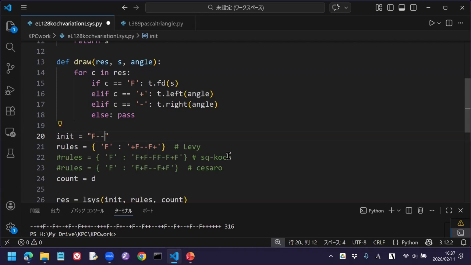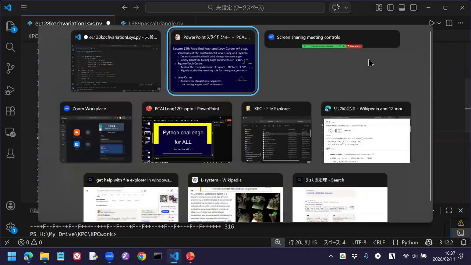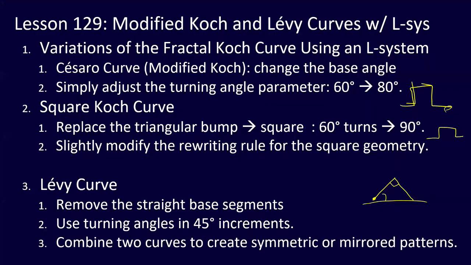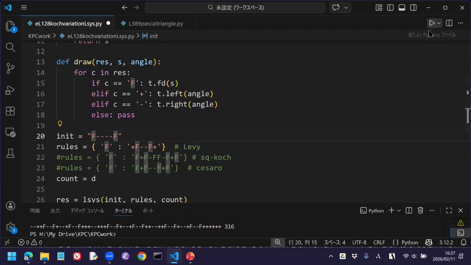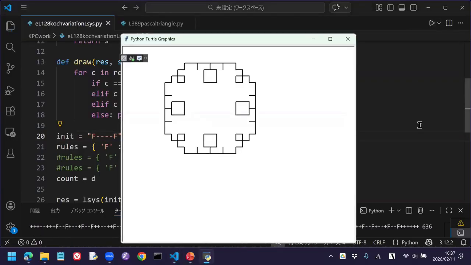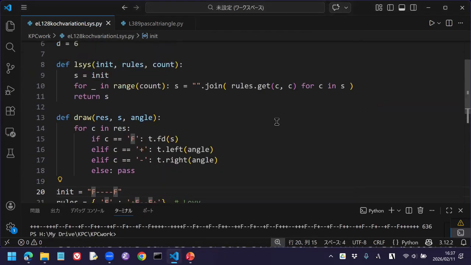So we have 1, 2, 3, 4, F. This will make two Lévy curves connected, combined, upside and downside. So let's see how it looks. Okay, yeah, this is what we have as a Lévy curve.